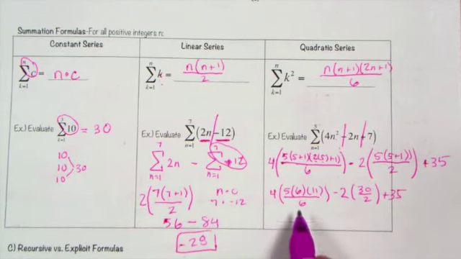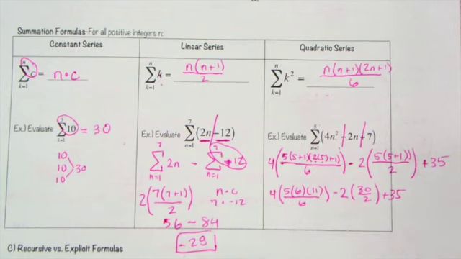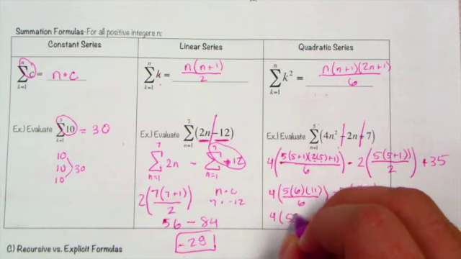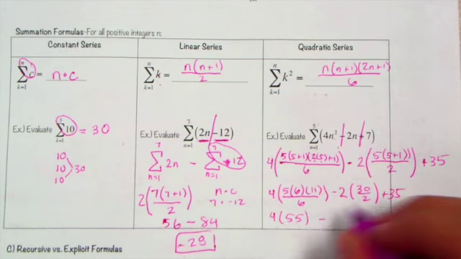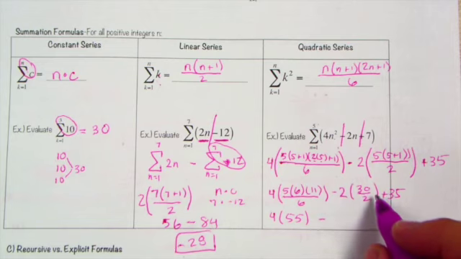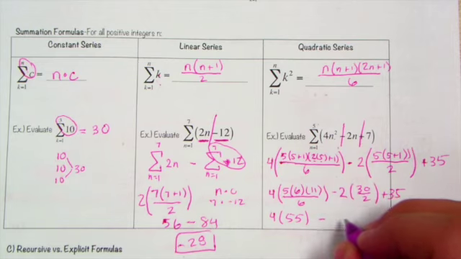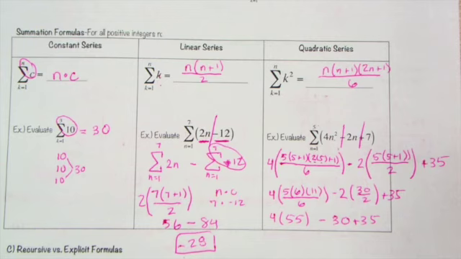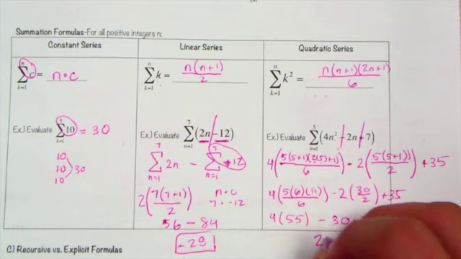So now let's clean this up. 5 times 6 times 11 divided by 6 is 55. So 4 times 55 minus 30 over 2 is 15 times 2 is 30. And then plus 35. 4 times 55, I need a calculator for this. 4 times 55 is 220. So now I have 220 minus 30 plus 35 is 225.